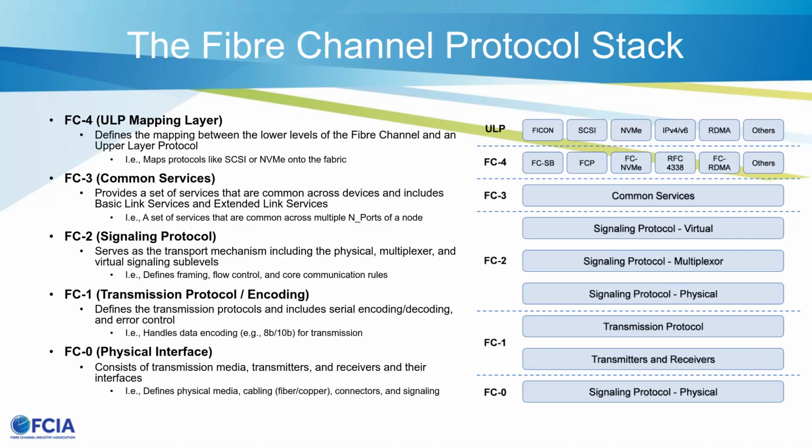There's one of these for each of the upper layer protocols, to allow the listed protocols access into the Fibre Channel SAN. So you see there's FICON, SCSI, NVMe, even IP, RDMA, and some others as well. All of these protocols have their own individual mapping layer that then provides access into the Fibre Channel stack itself.